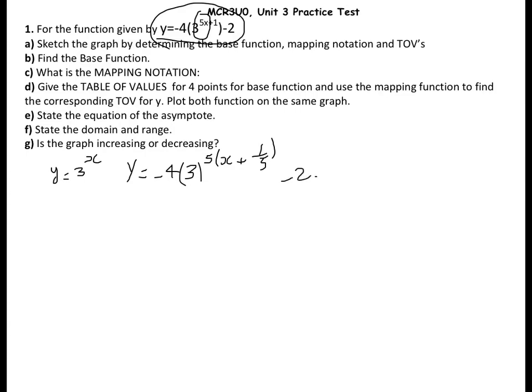Okay? Knowing this, I can write the mapping notation, x and y going to, if you look at this, we have a 5 here, so it becomes 1 over 5, the reciprocal. And the general formula is negative, so this becomes 1 over 5 x minus 1 over 5.